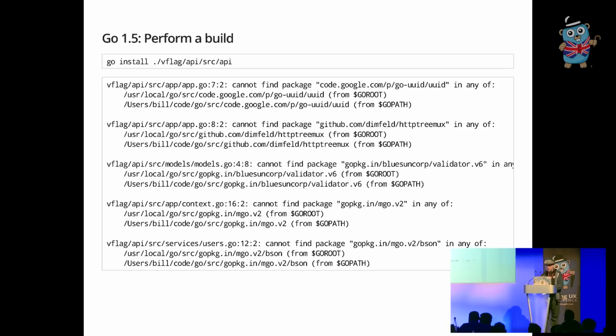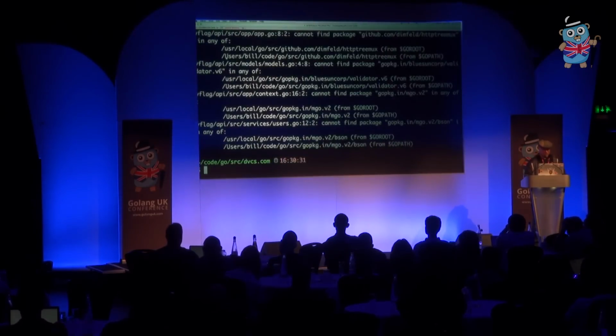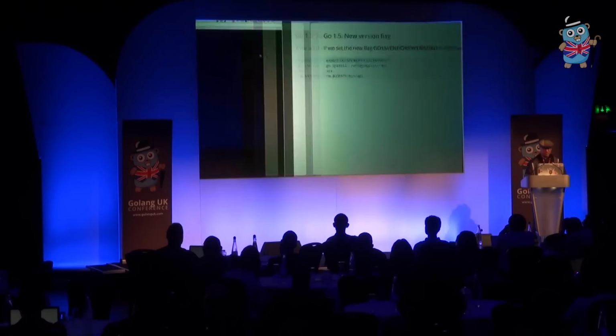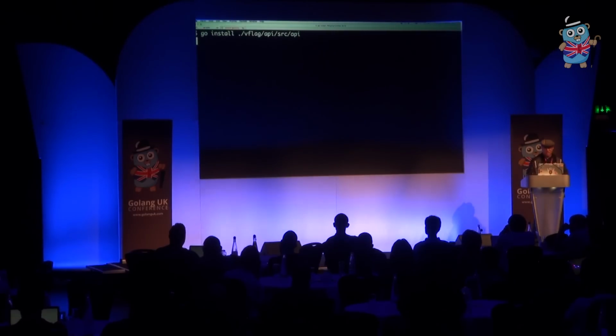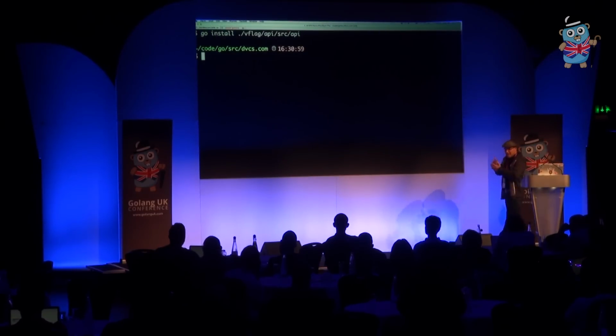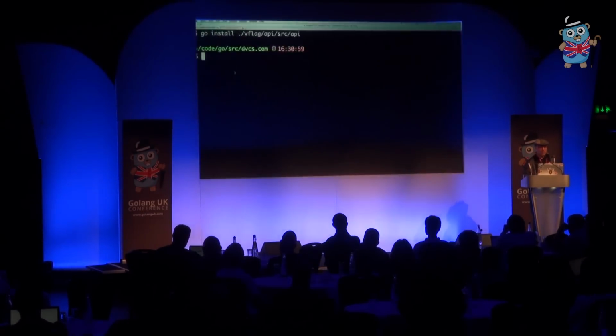Okay, no big deal. Let's put this back to 1. Now it's back to 1. I'll run that same Go install, and the errors go away. I now have that binary based on what was in the vendor folder without having to do any rewrites whatsoever.